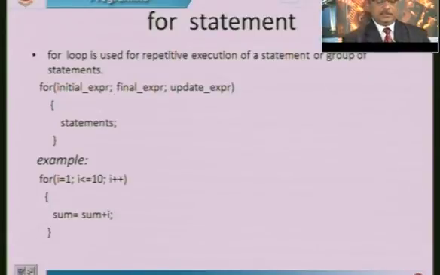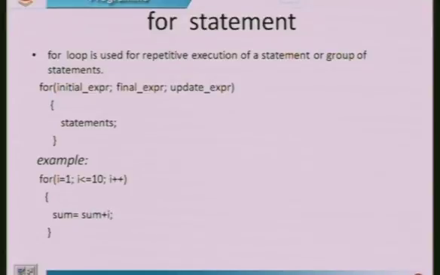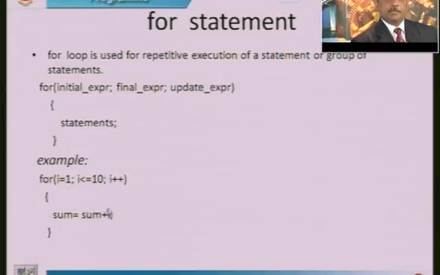Observe in this statement, the value of I is initialized to 1, and until the condition I less than or equal to 10 fails, you are going to increment the value of I plus plus. First it checks the condition. If this condition is true, the control goes inside and executes this statement.